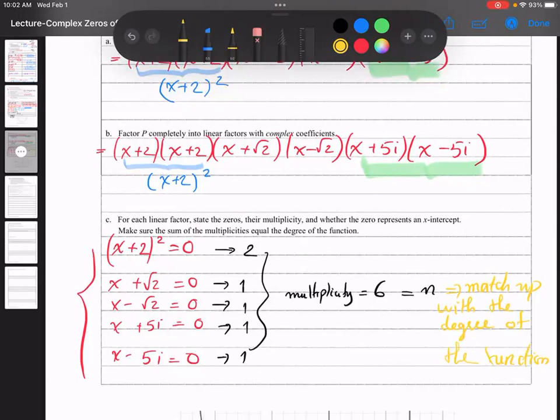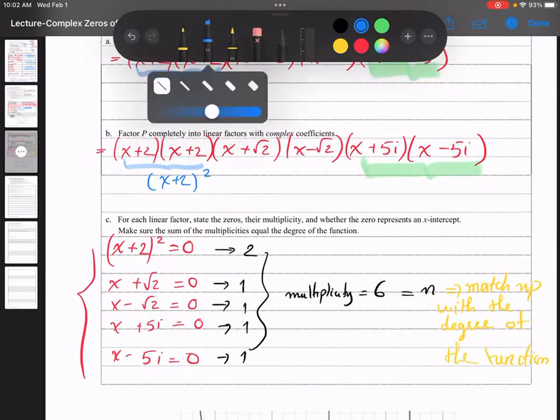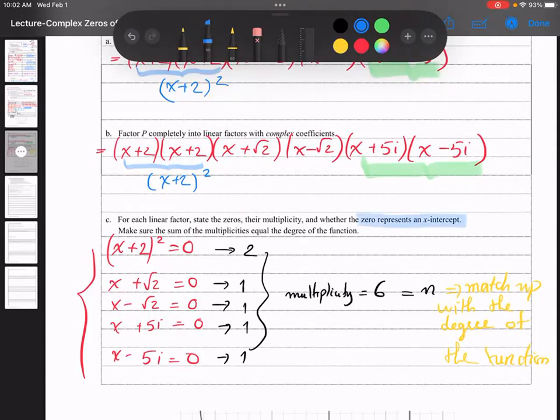Which ones are your real zeros? The real zeros that are represented on the x-axis.